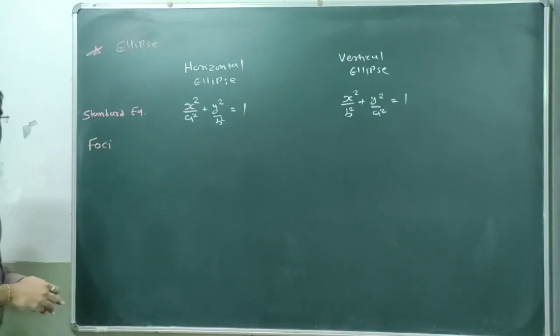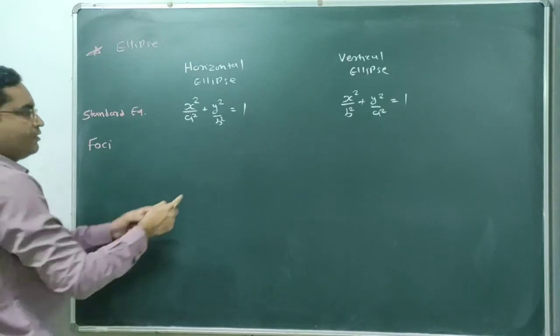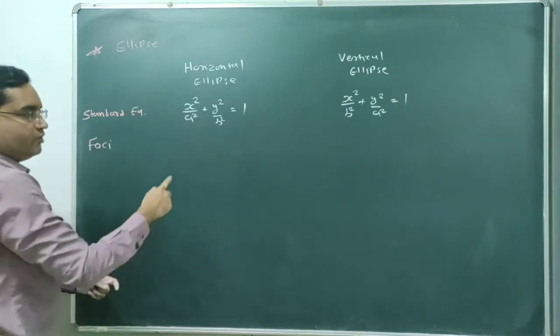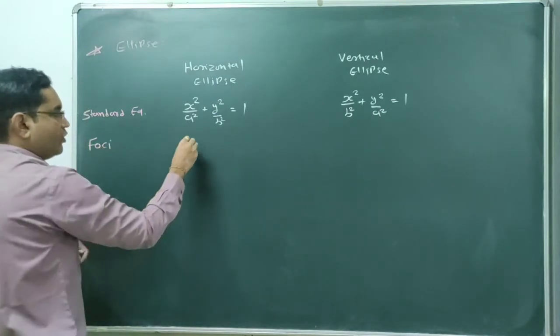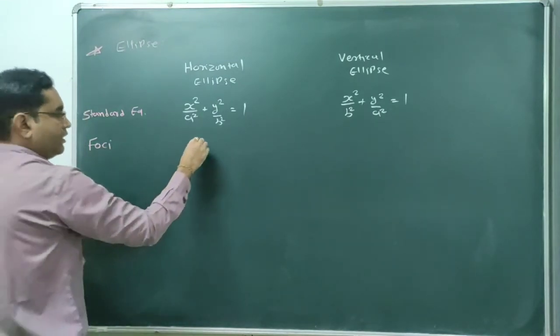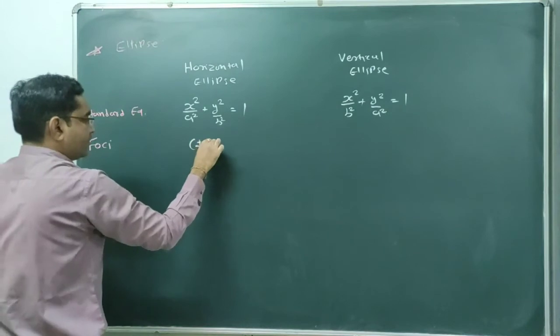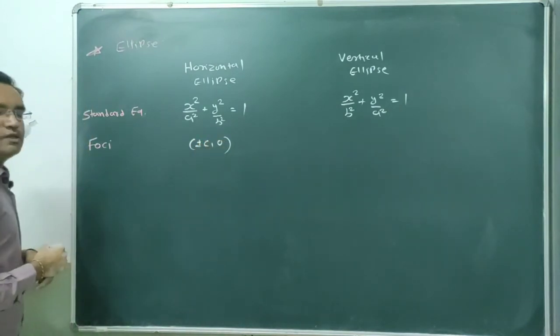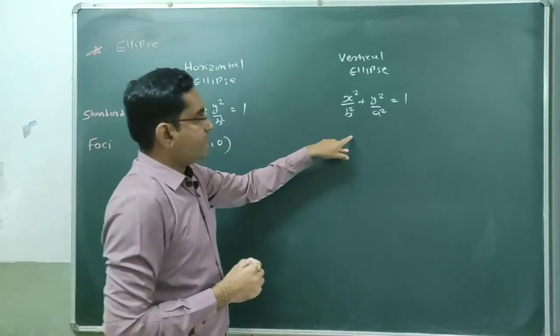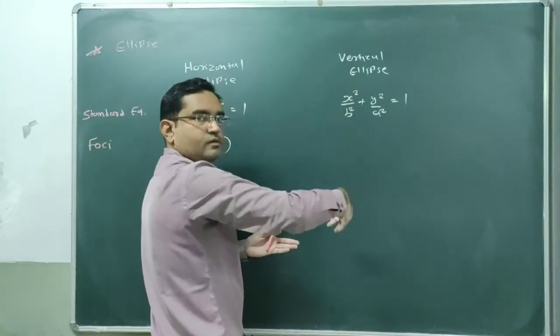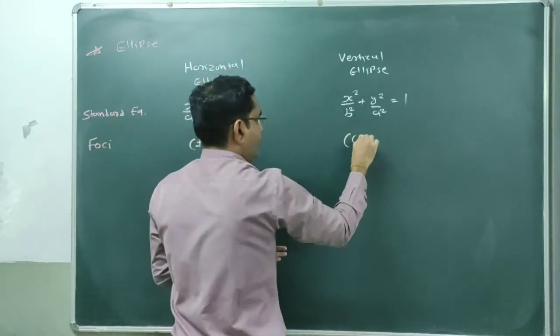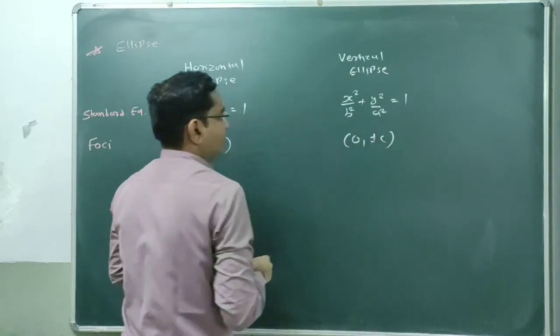So two focal points are there. So coordinates of foci. For this horizontal ellipse, focus points lie on the x-axis. So coordinates of foci are plus or minus C,0. While for vertical ellipse, foci lie along the y-axis. So coordinates will be 0, plus or minus C.